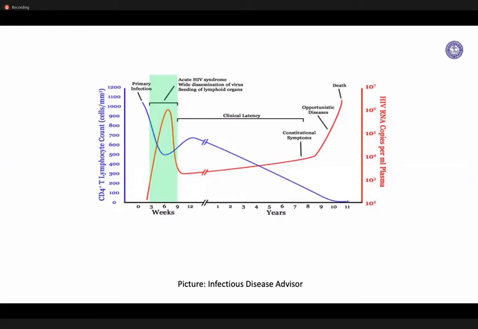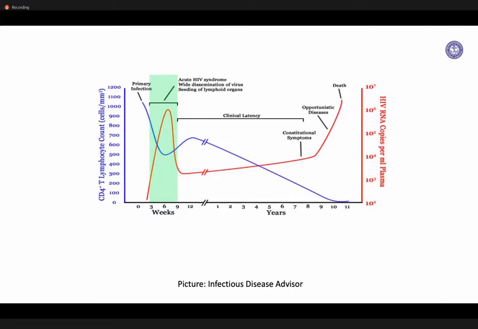So at the end of that green area, after the seroconversion illness or acute HIV syndrome, the viral load comes to a certain level, a lower level, but not zero. That's called the set point. And the CD4 count has also recovered, but not completely.